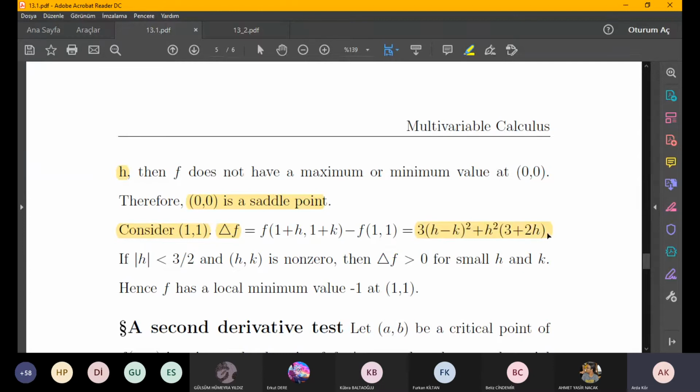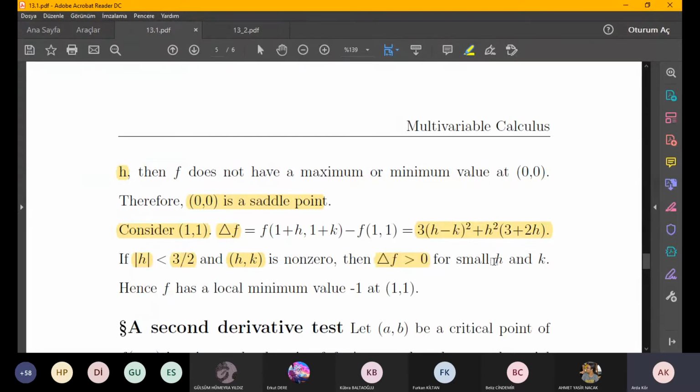For this consideration, the absolute value of h is smaller than 3 over 2, and where (h, k) is not (0, 0), delta f is positive for small values of h and k.